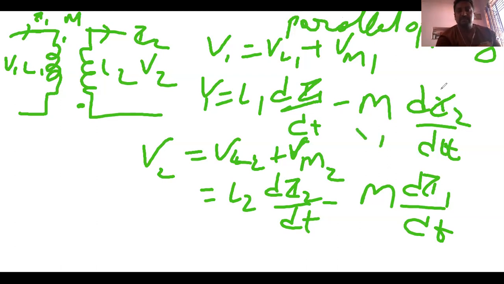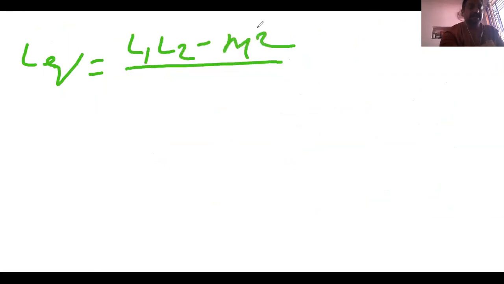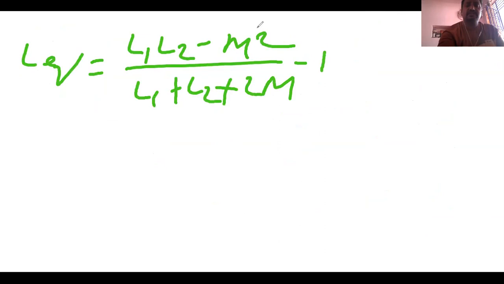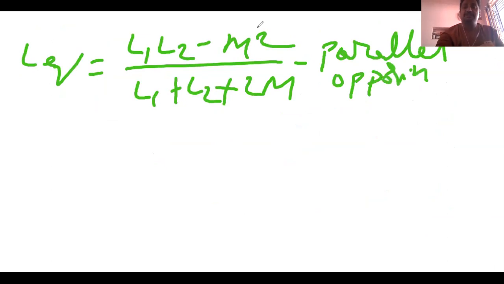This is equation 1 and this is equation 2, either 1 or 2. Finally we'll get the solution. What is that? L equivalent is equal to (L1 L2 minus M square) divided by (L1 plus L2 plus 2M). So this is the equivalent inductance of parallel opposing, the value of equivalent inductance in this case.